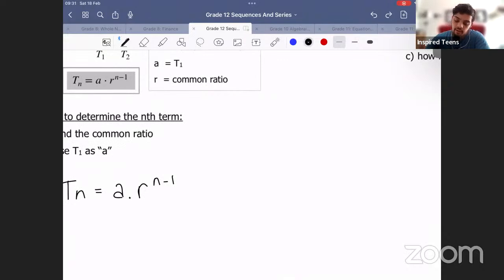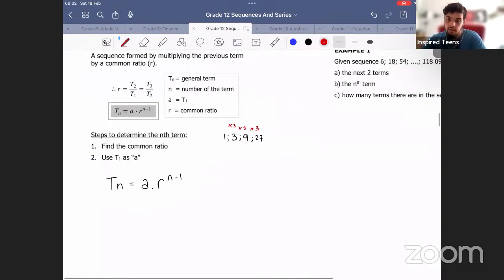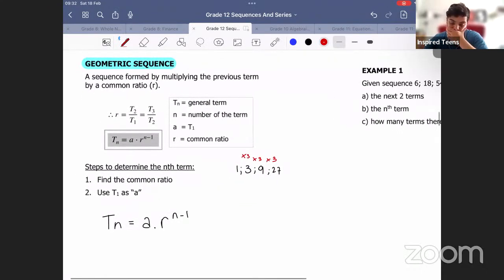So for example, I have 1. Just say my common ratio is 3. So I can multiply by 3 each time. 1 times 3 is 3, 3 times 3 is 9, 9 times 3 is 27, and so on. So I am multiplying by 3 each time. You could also multiply by a fraction as well. So we're multiplying by the common ratio each time.